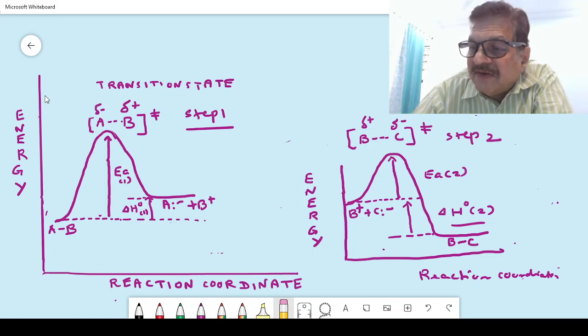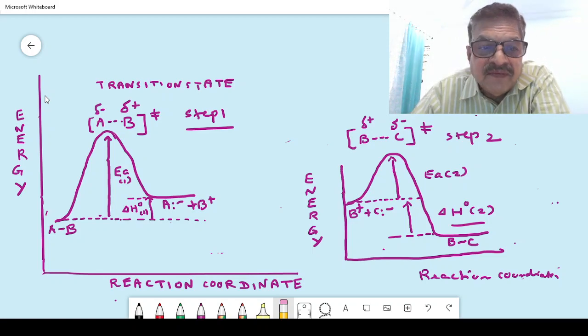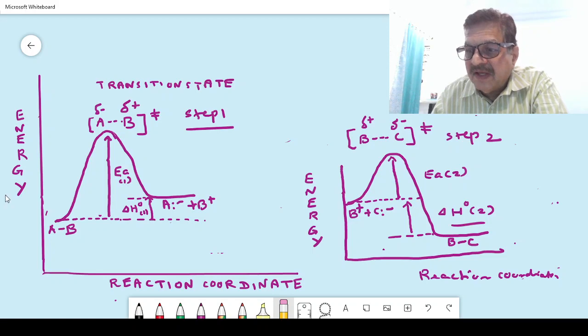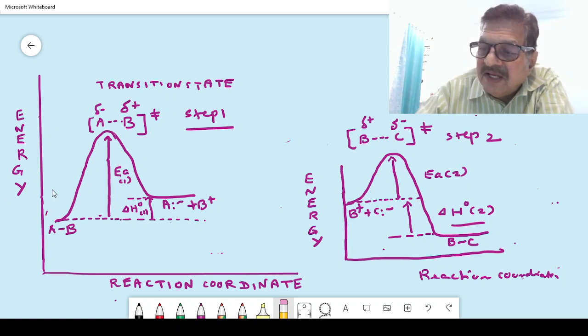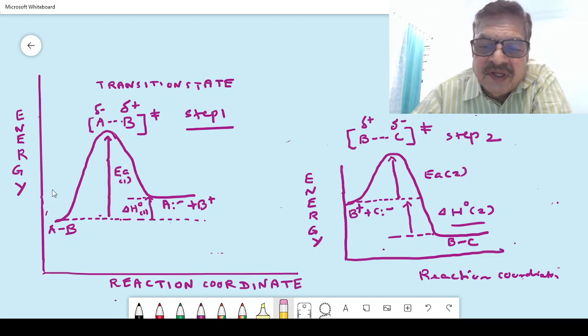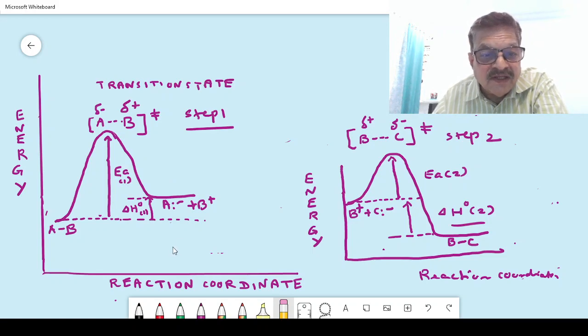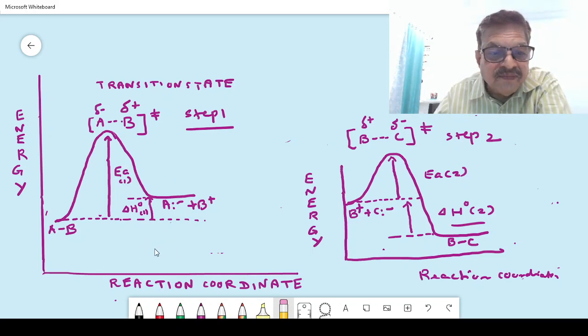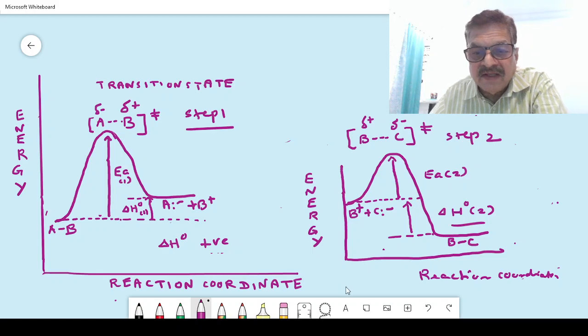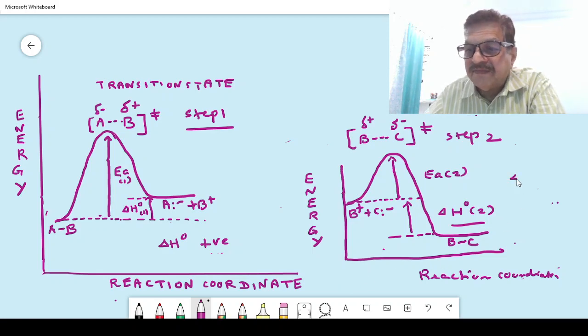Here in this case delta H for step 2 is negative and here it is positive. Correct, because energy is released upon formation of the BC bond here. We have seen delta H is positive and here it will be delta H negative.